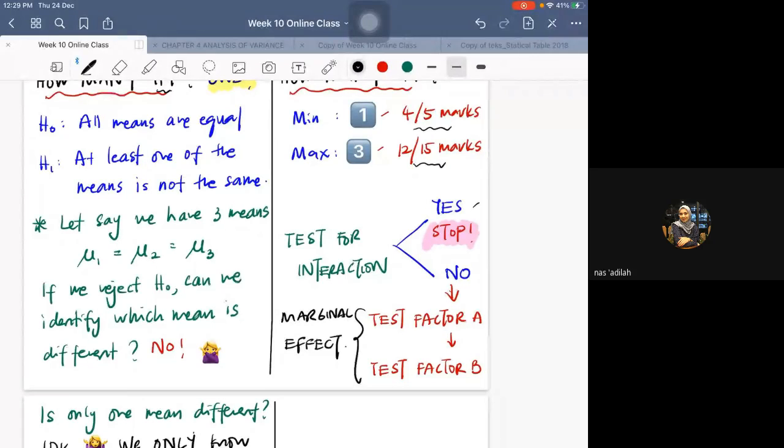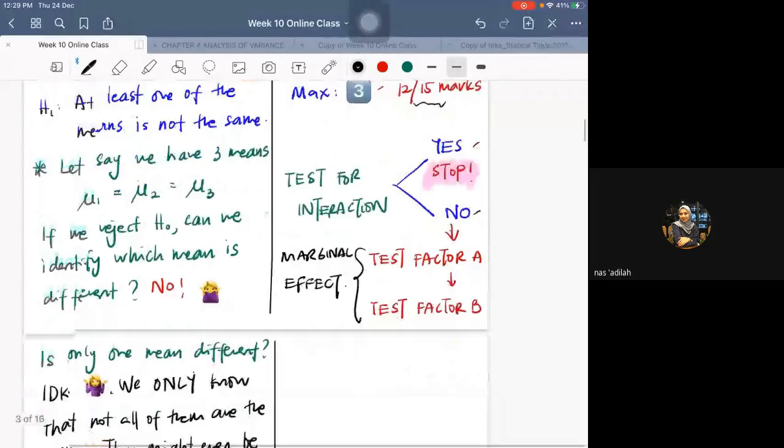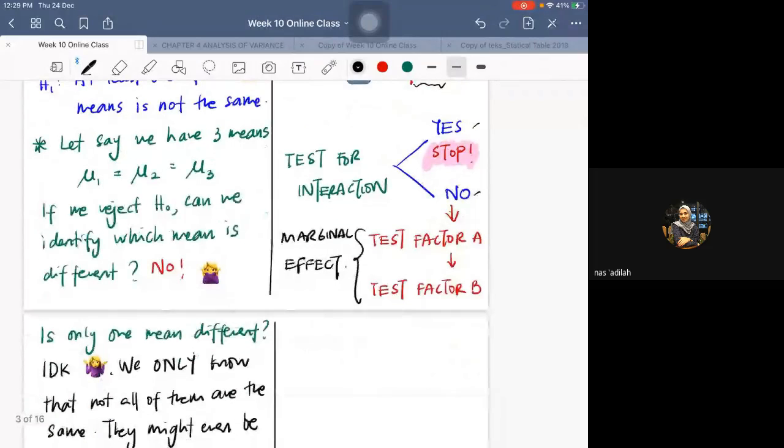However, when you do the hypothesis testing and it comes to the conclusion that for factor A and factor B there is no interaction, you have to proceed with marginal effect. So you have to test for factor A individually, and then test for factor B individually. Testing for factor A and factor B individually is called testing for marginal effect.